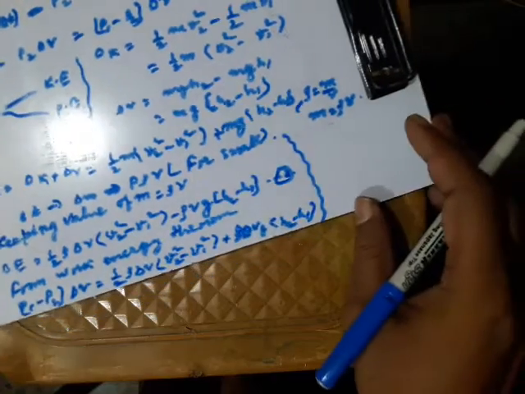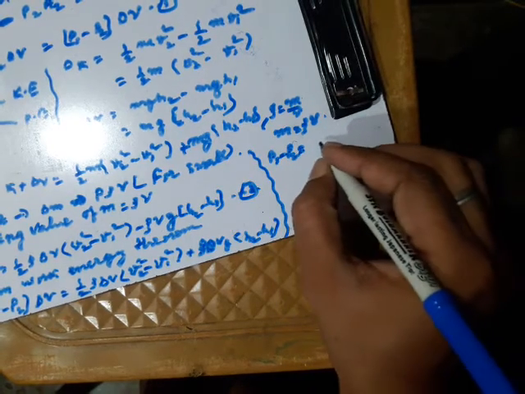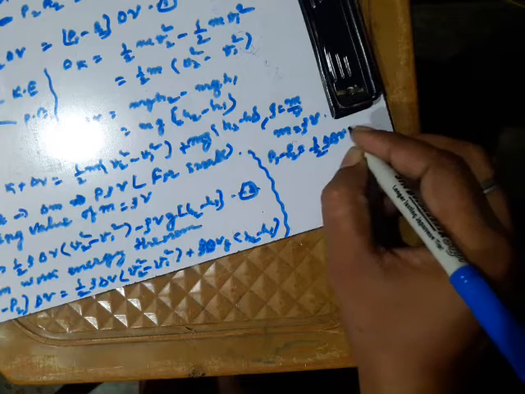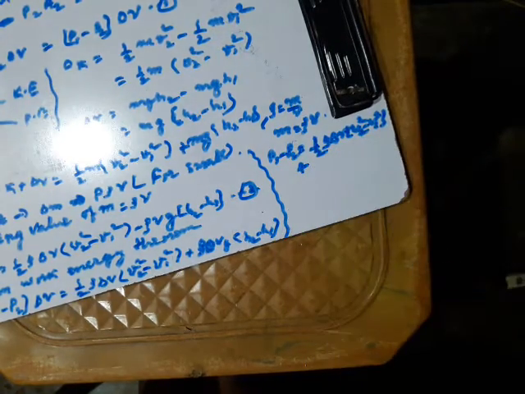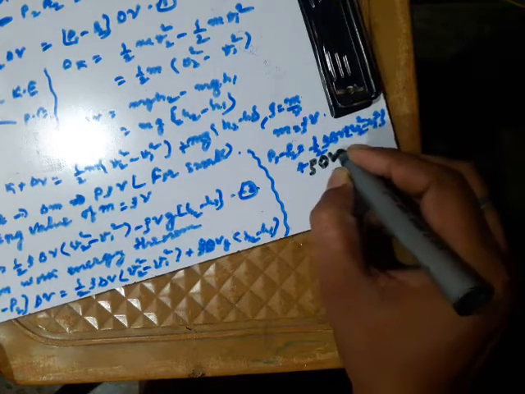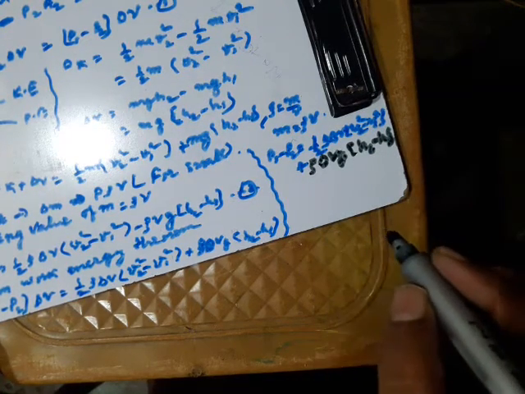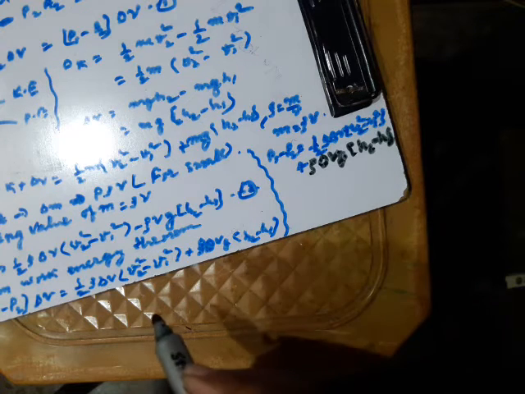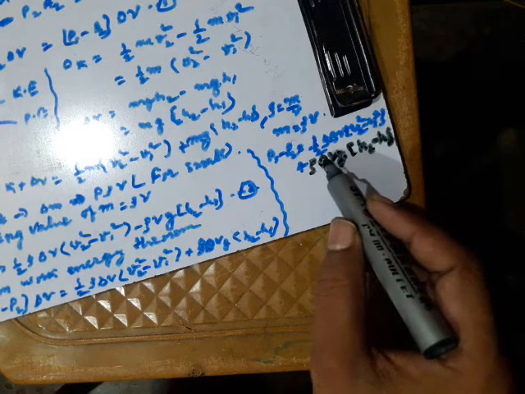Cancelling delta V, P1 minus P2 is equal to half rho (v2 square minus v1 square) plus rho g (h2 minus h1).